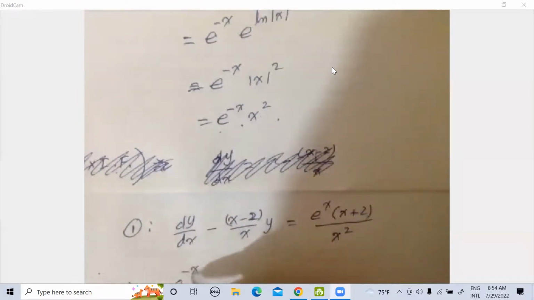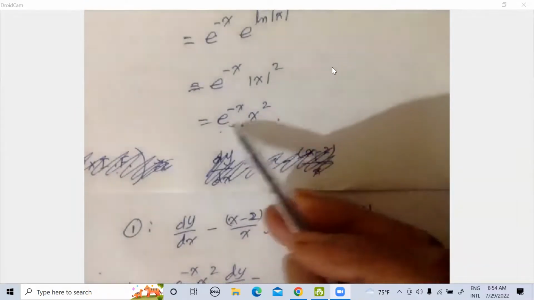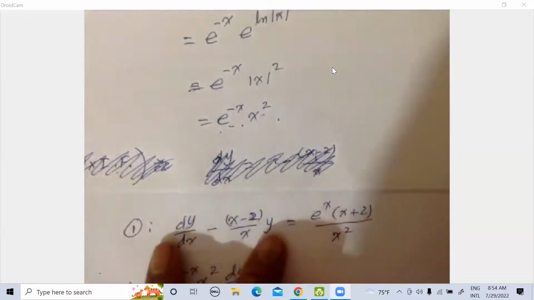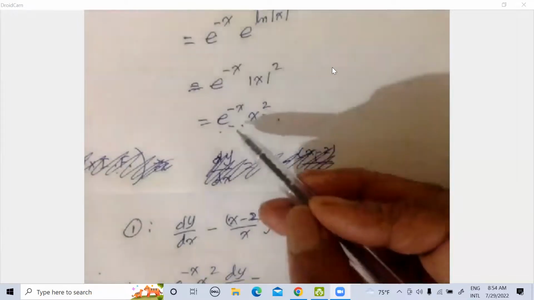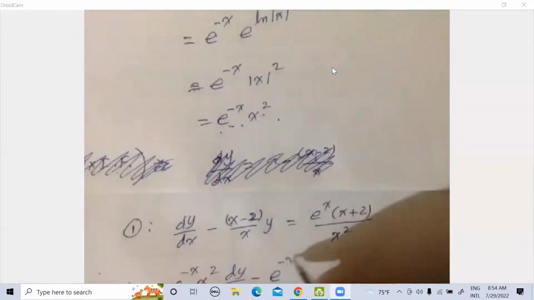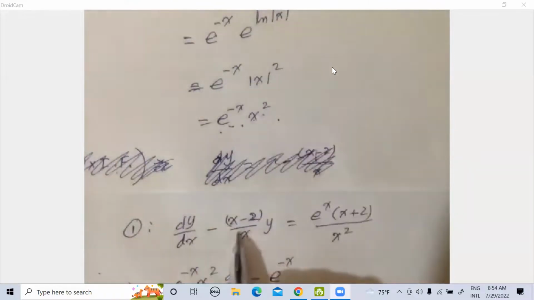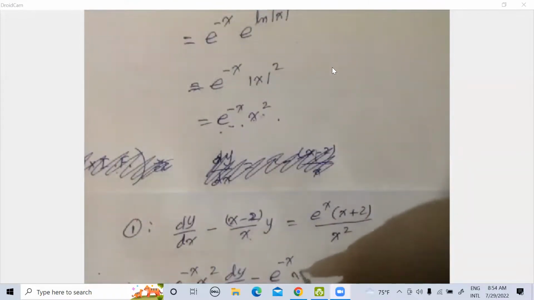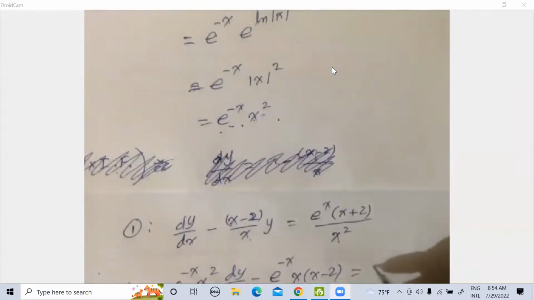So e to the minus x squared dy over dx minus, when you multiply this by e to the minus x squared, or you can straight away say, this side is d over dx of integrating factor times y. But to explain, when you multiply this by e to the minus x squared, the x cancels. When you multiply this by e to the minus x squared, these two terms cancel. You get just x plus 2.